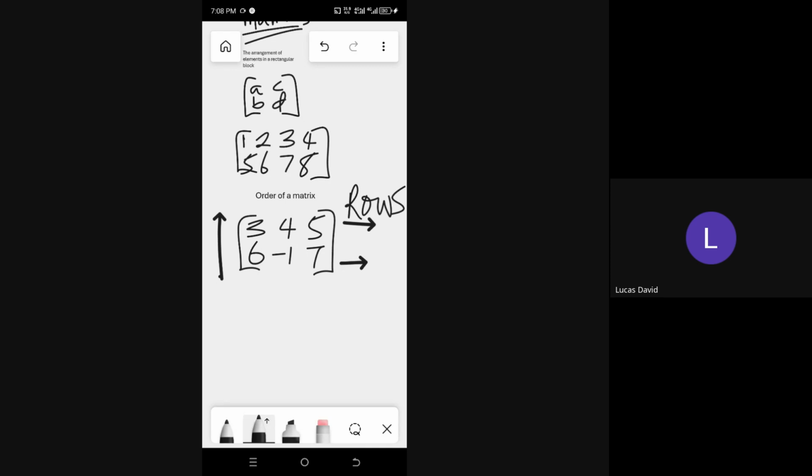So these ones are the columns. This tells you the number of columns you have. To illustrate this, this tells you that these are rows, while this one tells you that these are columns.